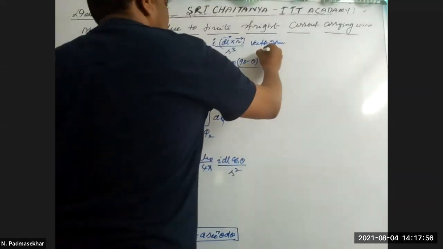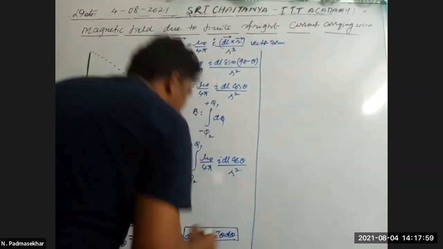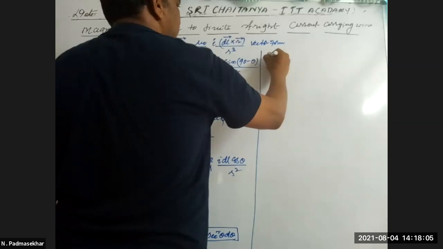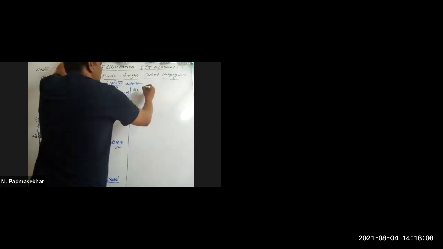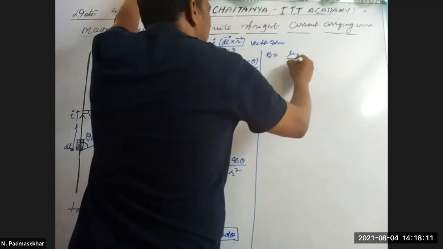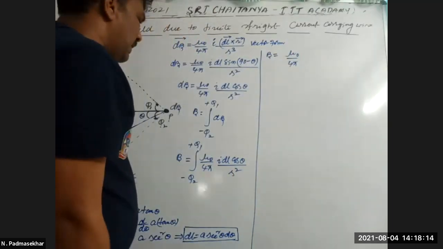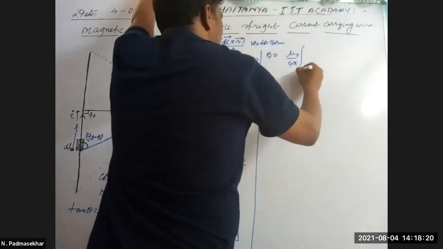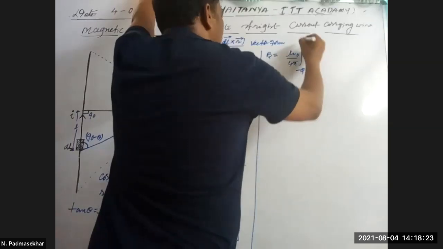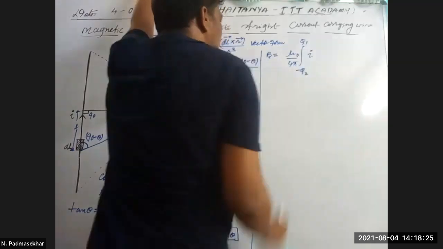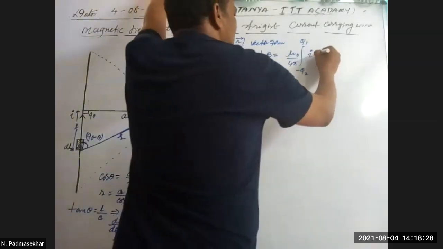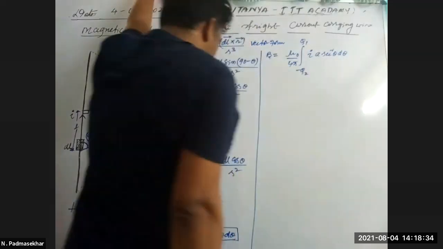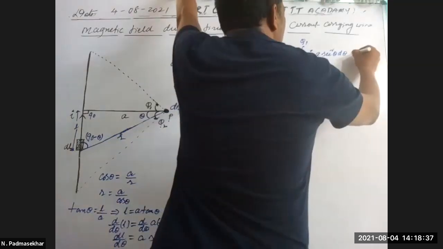Now here, B is equal to mu naught by 4 pi integral from minus phi 2 to plus phi 1, I dl cos theta upon r square, where dl is equal to A secant square theta d theta.